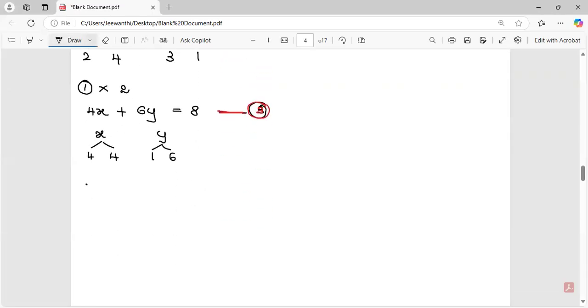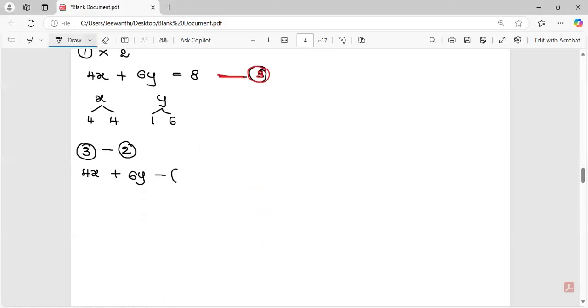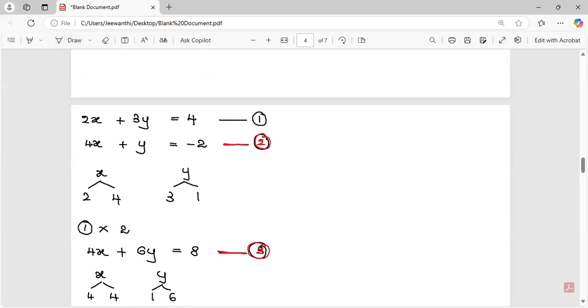I told you there is no hard and fast rule. You can decide either way. So here I take equation 2, subtract from equation 3. So then here 4x plus 6y, subtract the equation 4x plus y, right? 4x plus y equal to 8, subtract -2.